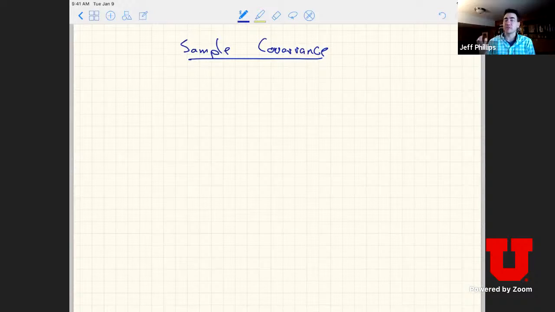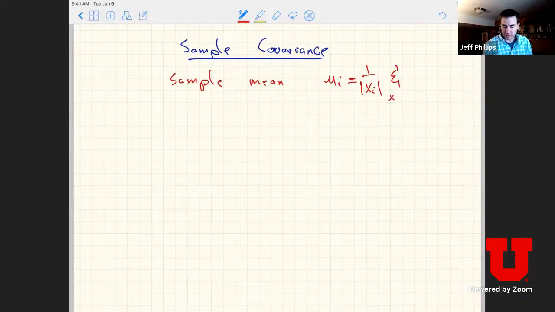It's just a vector form of the variance, right? As an analogy, the sample mean, which is the best estimator of the mean, is going to be 1 over the number of data points assigned to the ith function, times the sum over each x in X_i of x.